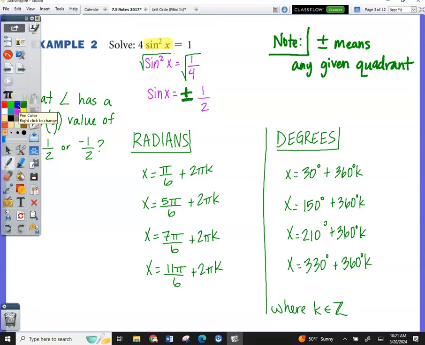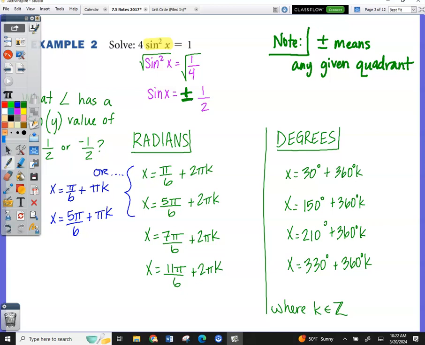So now what would that look like over here? If you had pi over 6, you don't add 2 pi, instead you would add pi. Or 5 pi over 6 plus pi k. So that is a shorter way to do it.